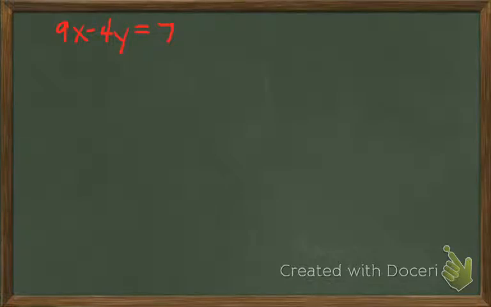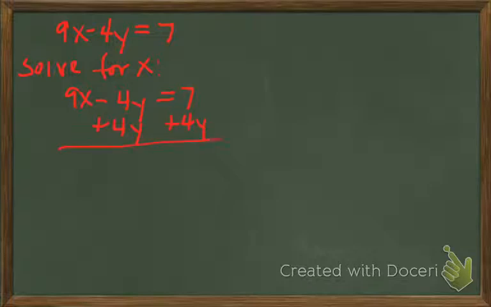All right, let's practice. A lot of what you will be doing in this class is solving for x and y. So let's begin this problem by solving for x. That means we want to isolate the x. To do that, we are going to have to undo subtracting 4y, which would be the same thing as adding it.